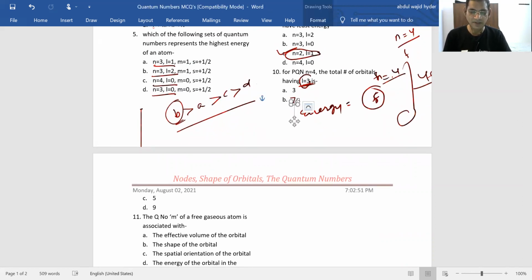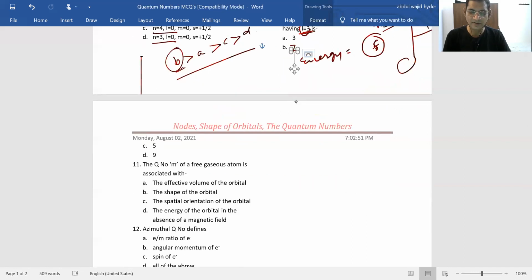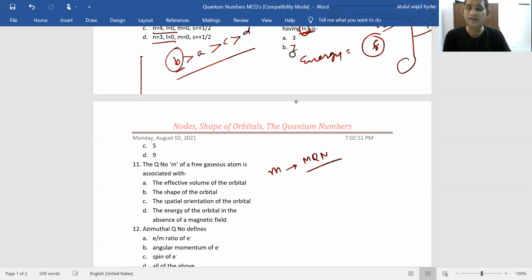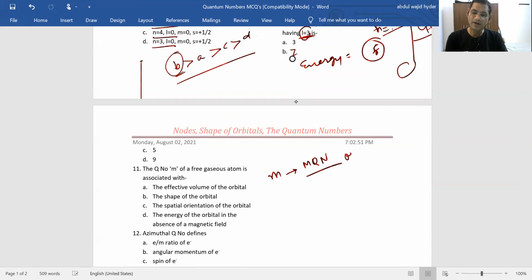Now see question number 11. Quantum number M, that is the magnetic quantum number, is related to orbitals only.